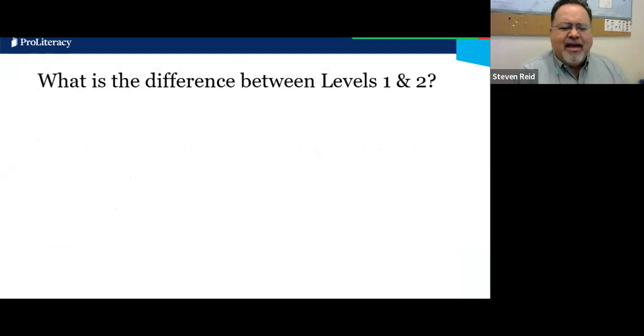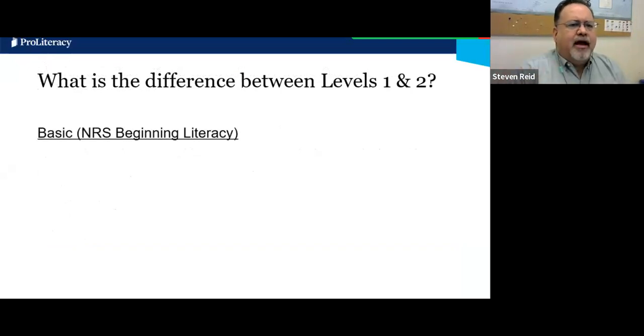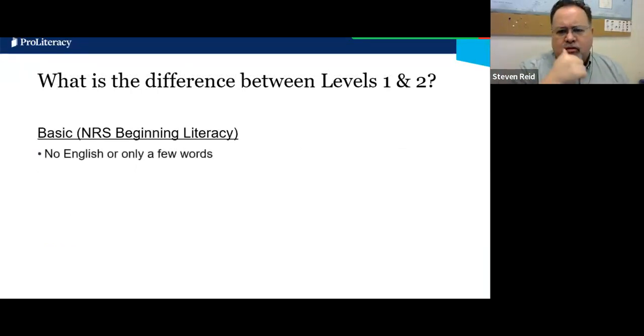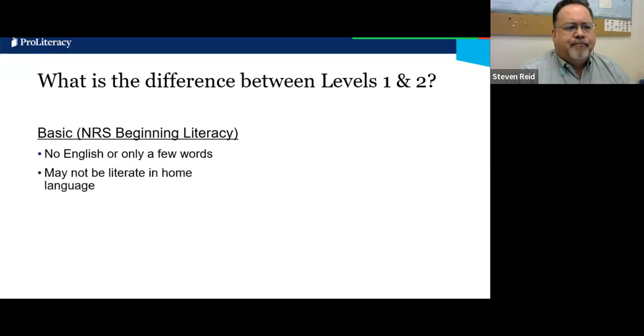And what I want you to be thinking about as the difference between those 2 levels, basic are the students who come in who have no English or they may be able to speak a handful of words. They are coming to us starting from scratch. Many of these people may not be literate in their first language.